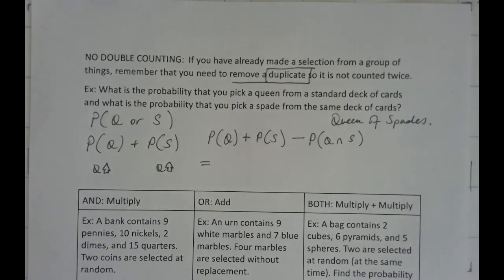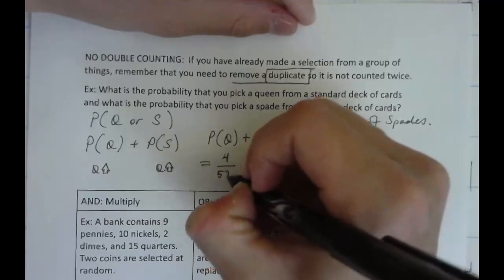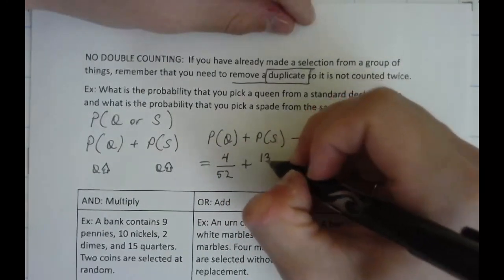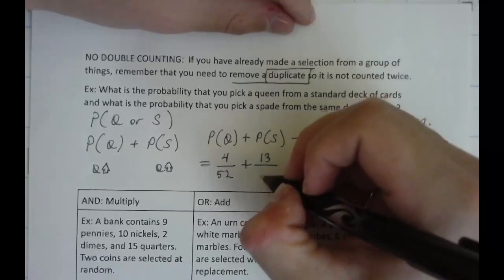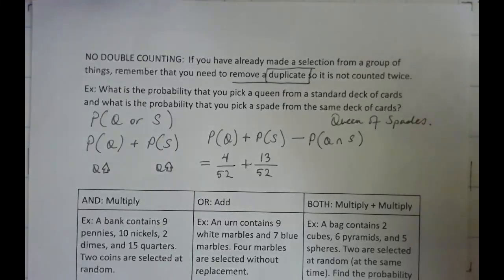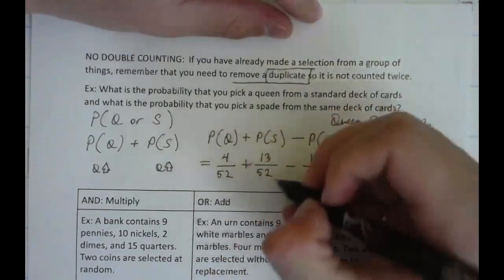Okay, so the probability of getting a queen, there are 4 queens in a deck of 52 cards, plus the probability of getting a spade, there are 13 spades in a deck of 52 cards. Alrighty, but we got to remove the queen of spades because we counted it 2 times.